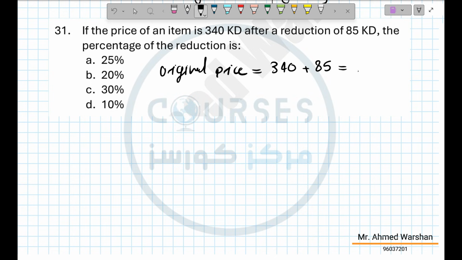That's going to be 425. This is your original. So when you make the percent and value comparison, 100% is equivalent to 425. They want the percentage of the reduction, so that's x, and the reduction was 85.